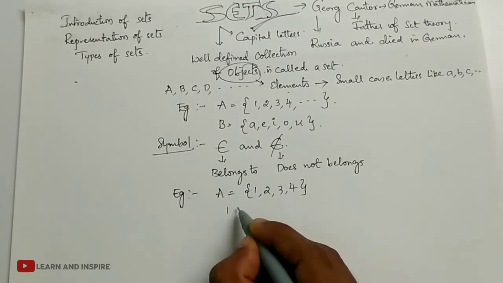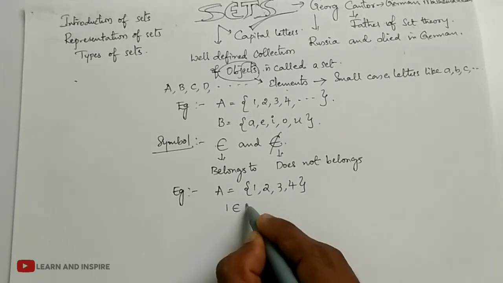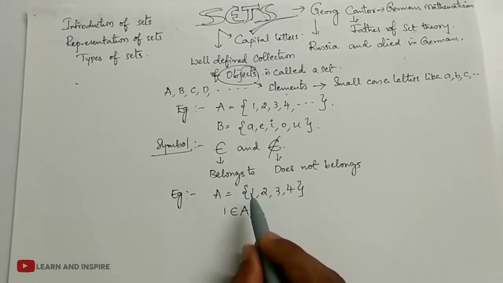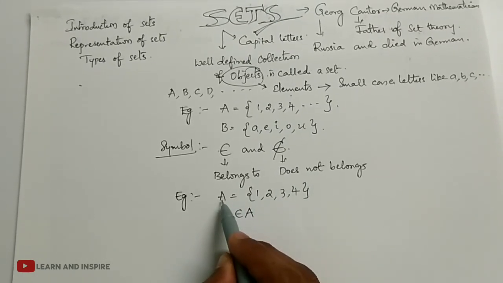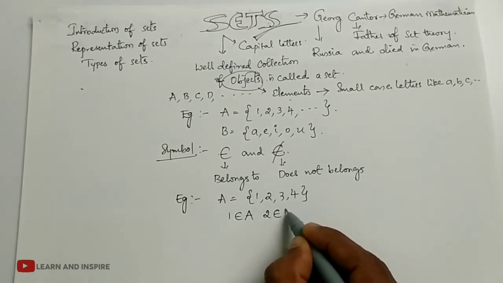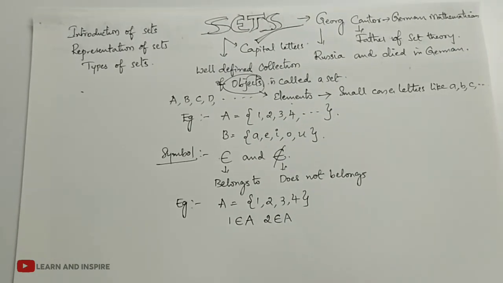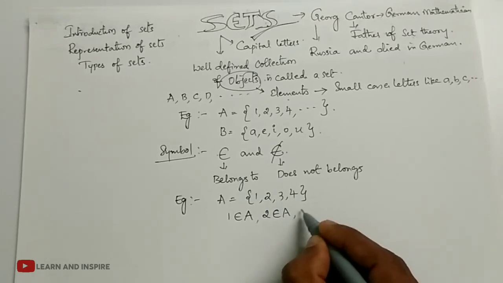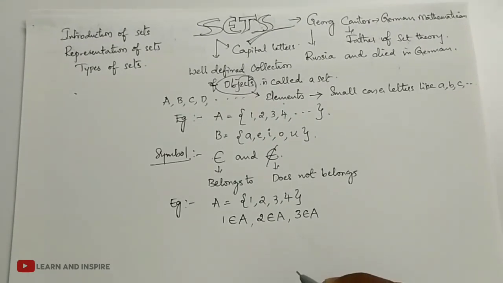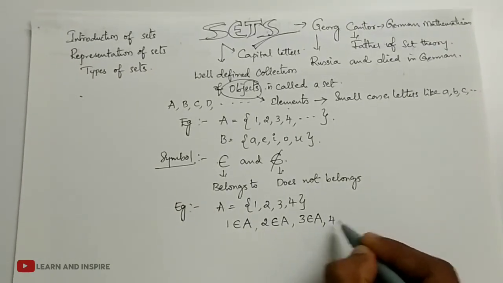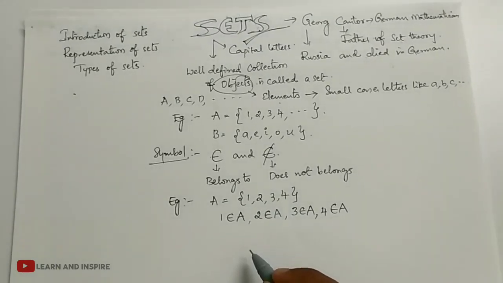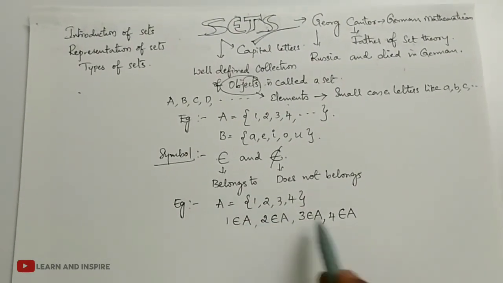That means 1 is an element in set A, so 1 belongs to A. In the same way, 2 is an element in set A, so it belongs to set A. Next, 3 is an element in set A, and 4 is also an element in set A. So these are the 4 elements which belong to set A.